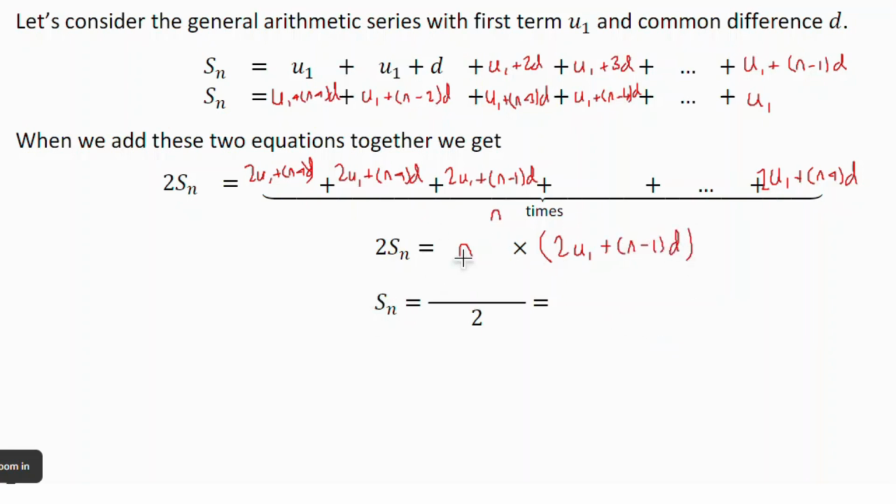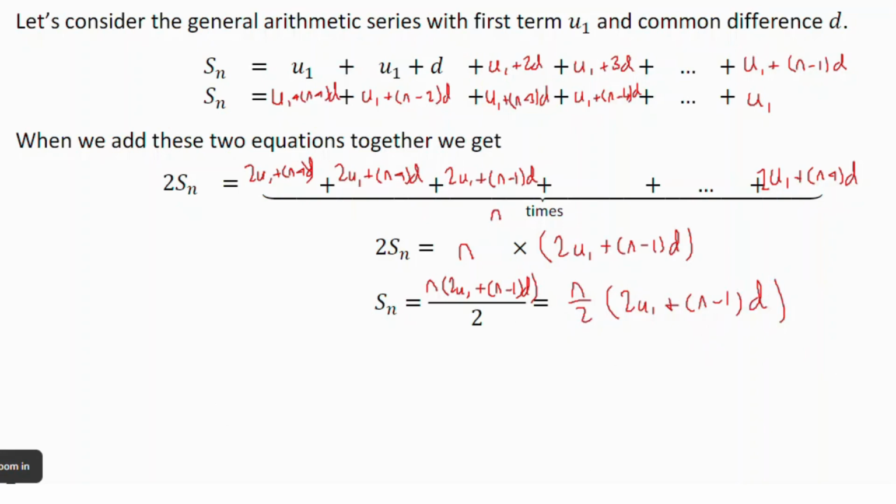Or Sn is equal to this whole thing, n times 2 u1 plus n minus 1d, all over 2. Now the way we normally write that is n over 2 times 2 u1 plus n minus 1d. And this is a formula given in the formula booklet.